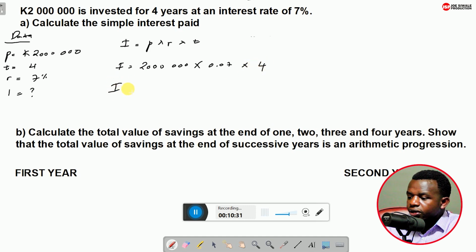So our simple interest is equal to 2 million multiplied by 0.07 multiplied by 4. We're going to have 560,000 as our simple interest.